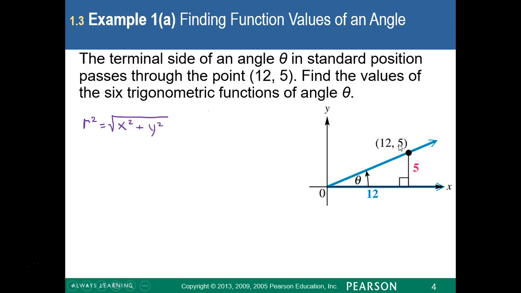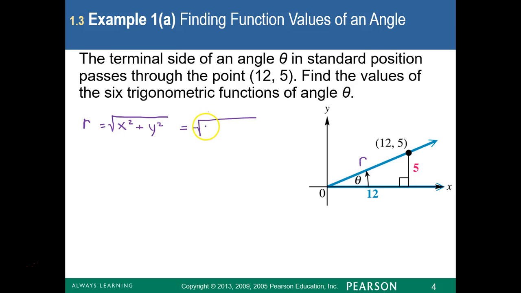To find the value of r, we use this formula. Whoops, it's not squared, it's just r equals. Before we find the values of our other trig functions, we need to find r.